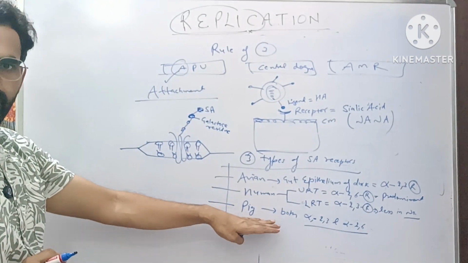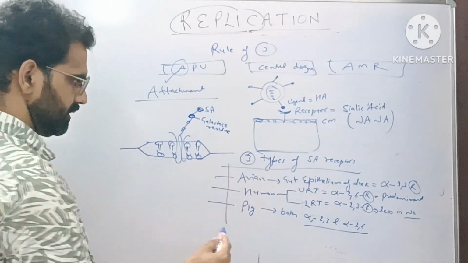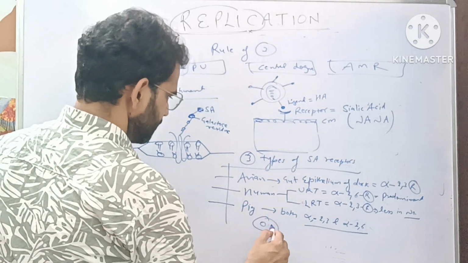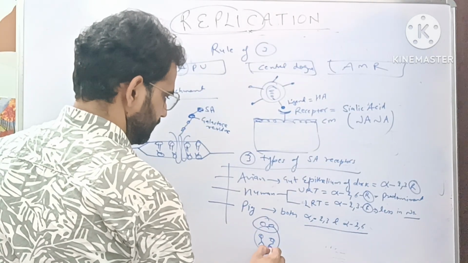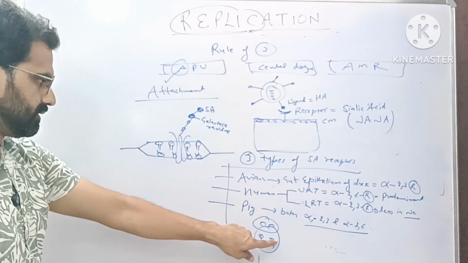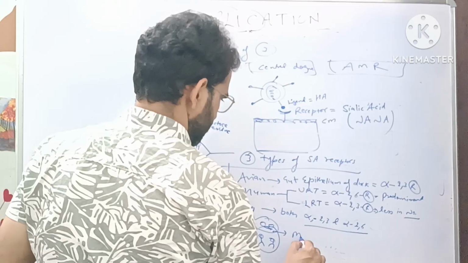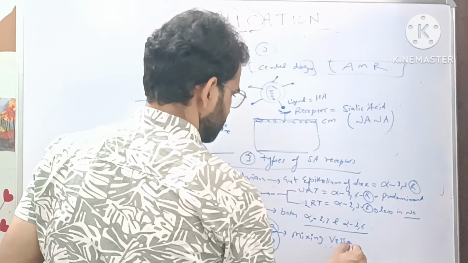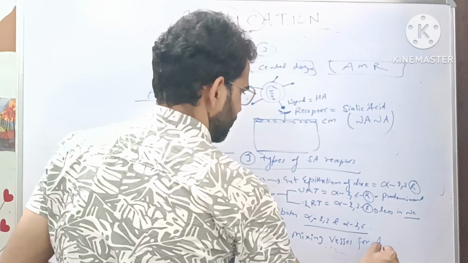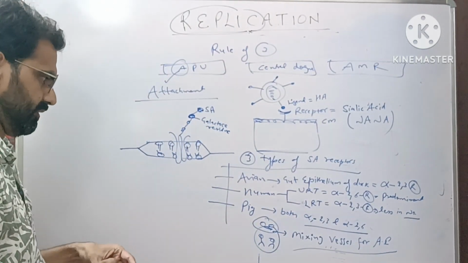So in case of swine or pig, these receptors, avian or human, mix here. This is the avian, this is human. So both receptors mix in case of pigs, so they are known as mixing vessels for avian influenza or influenza type A viruses.